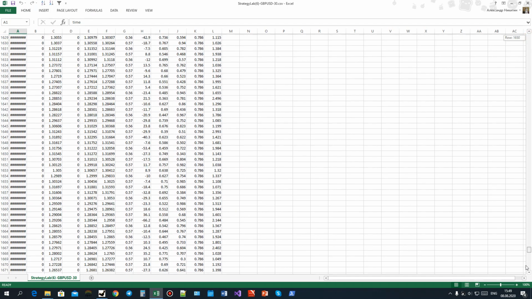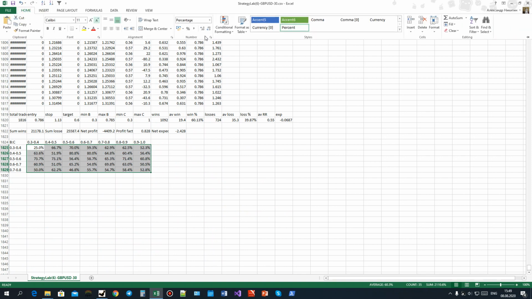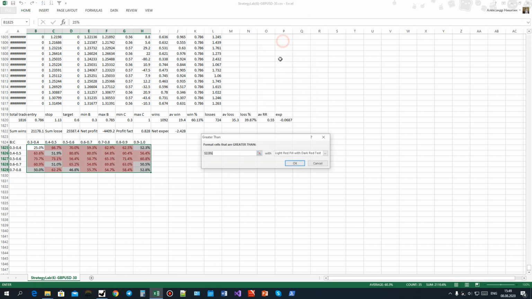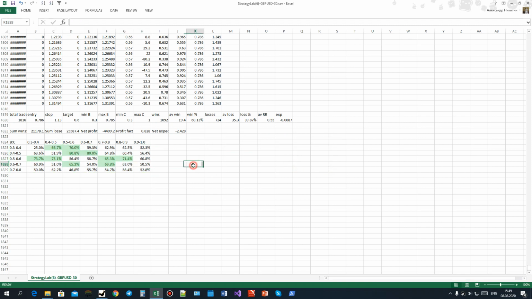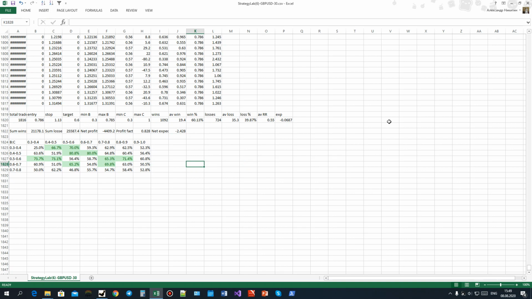Go to our backtest file, turn this into percentages, and then we go to conditional formatting, and we should highlight those that are greater than 65%. So let them be green. So these are the patterns that are profitable for 30-minute time frame trading based on automated 100% objective backtest.